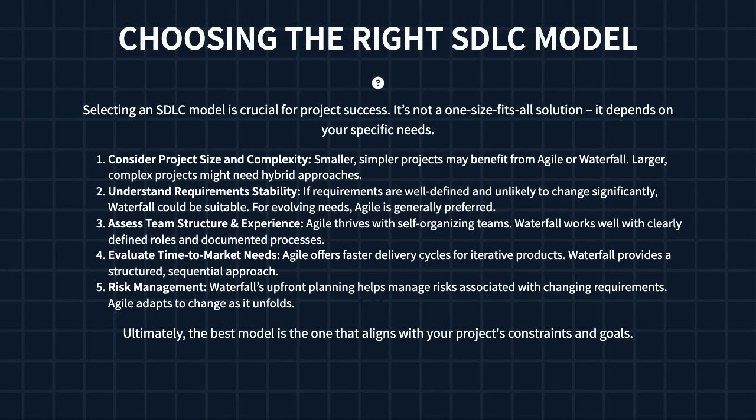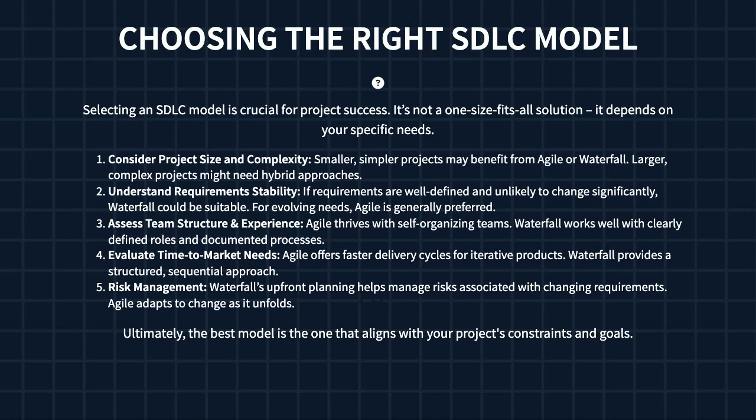Okay, let's talk about picking the right SDLC model for a project. It's really important to get this right, because it can make or break a project. First, think about how big and complicated your project is. Smaller projects might be fine with something straightforward like waterfall, while larger ones often need a more flexible approach. Next, consider how stable your requirements are.